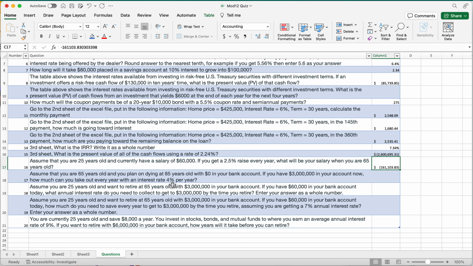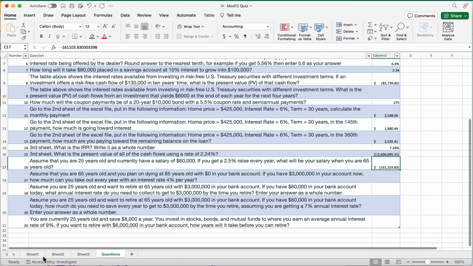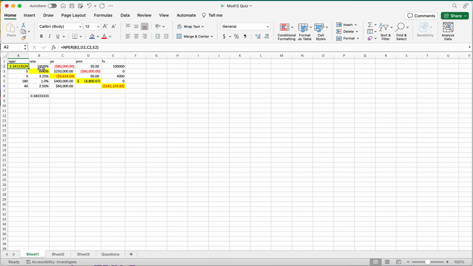You have an interest rate of 4%, and you have 20 years. 65 to 85, 20 years. Future value, 0. We don't know how much the payment is. So it's 4% interest for $3 million, and then at the end of it, you want 0.